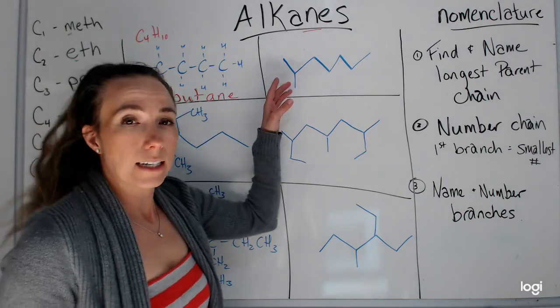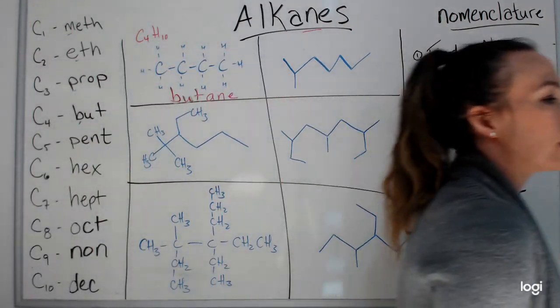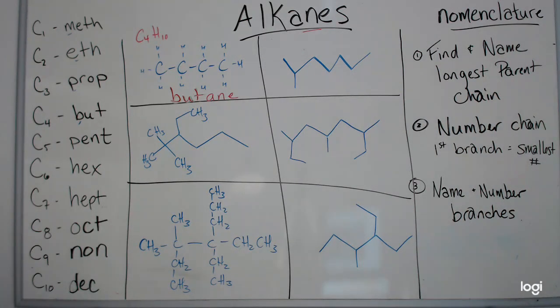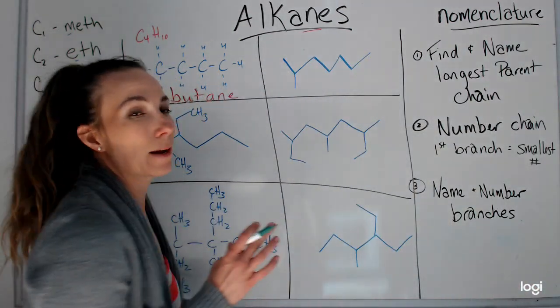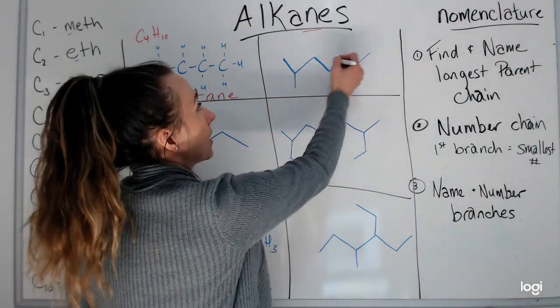In this line diagram, remember every bend and every end is a carbon, and then you have the appropriate number of hydrogens for that carbon. So I have as many hydrogens as I need to in order to make my 4 sticks. That's what that's saying. So here's a line diagram.